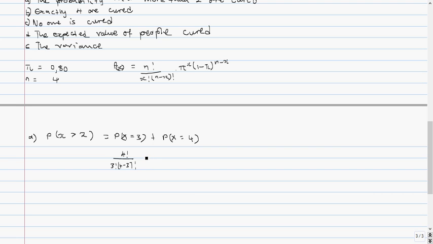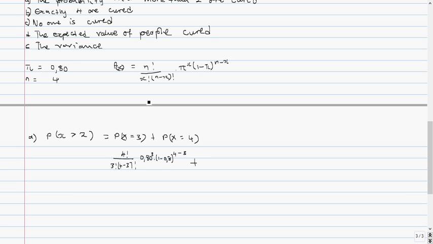Now pi, our probability of success, is 0.80 to the power x. Our x in the first case is 3, times 1 minus pi, that is 1 minus 0.8, which gives us 0.2, but for now we will just write it like that. So n minus x, that's 4 minus 3. And then to that we add the next one.